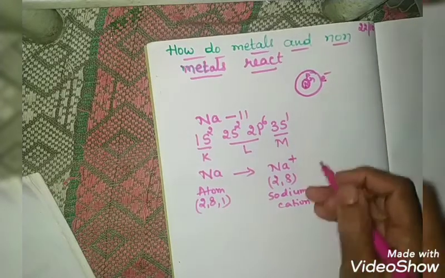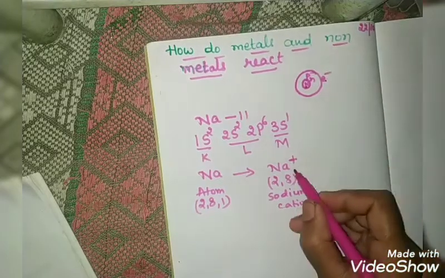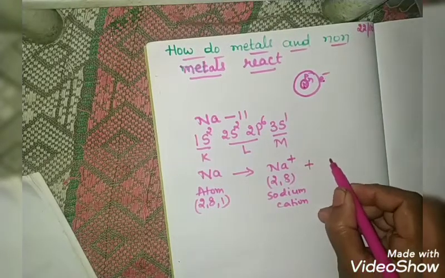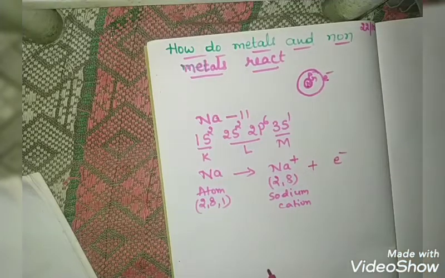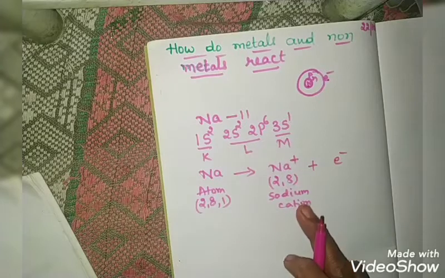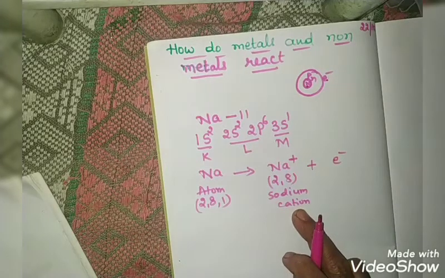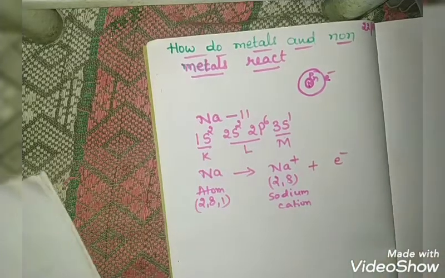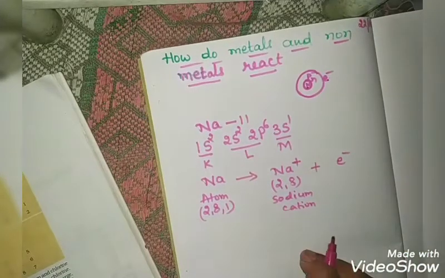One electron is lost, so it is getting positively charged. Correct? So it is in the atomic state and it has converted into a sodium ion, a positive ion, because it has lost 1 electron. Whenever any atom loses an electron, it is a cation.